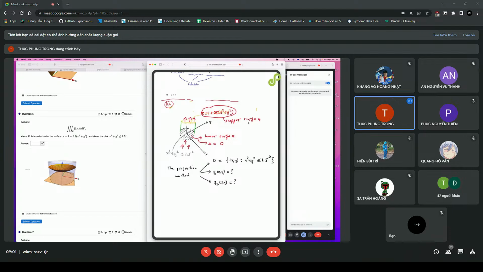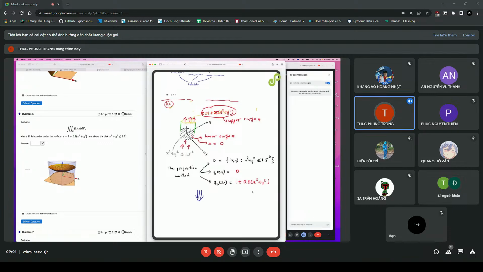So we know everything now, so let's find the answer. So we get z1 and the function z2, right? And now let's find the answer to the question.